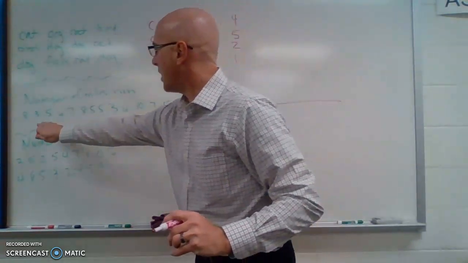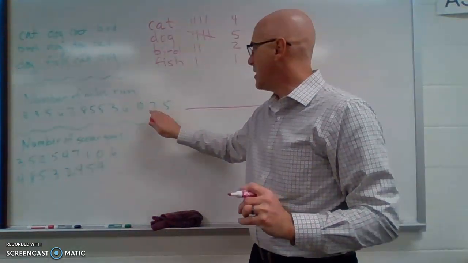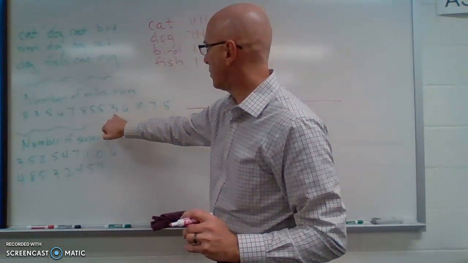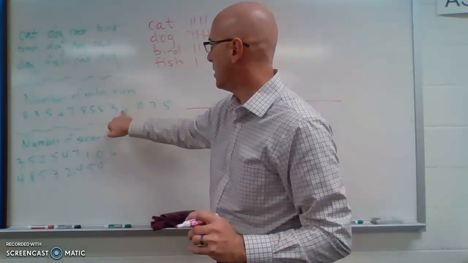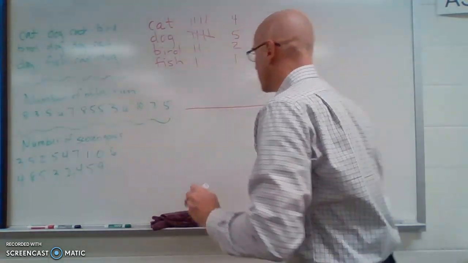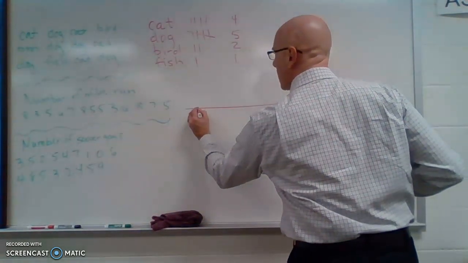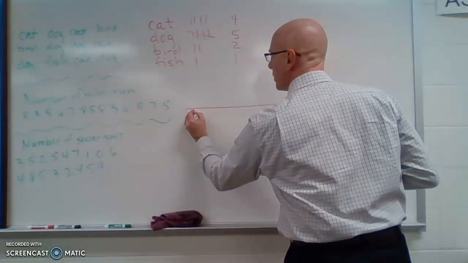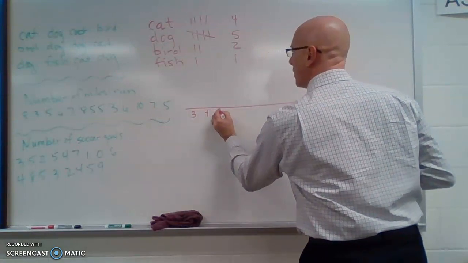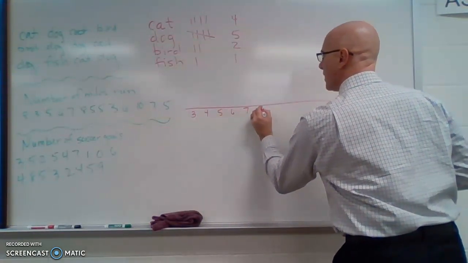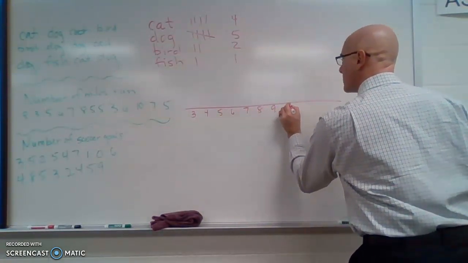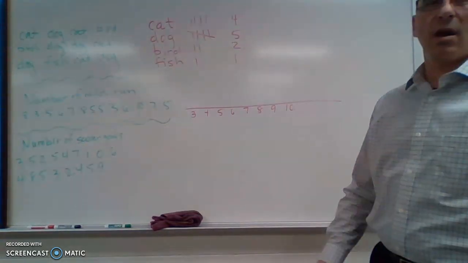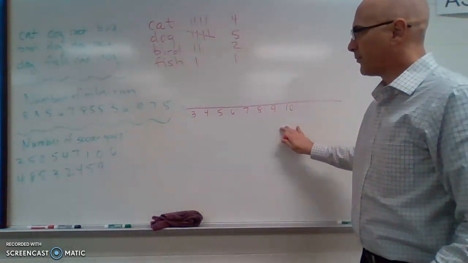I look at my data and my lowest number. It looks like 3 is my lowest number and 10 is my highest. So I'm going to put 3, 4, 5, 6, 7, 8, 9, 10, numbering those in order.